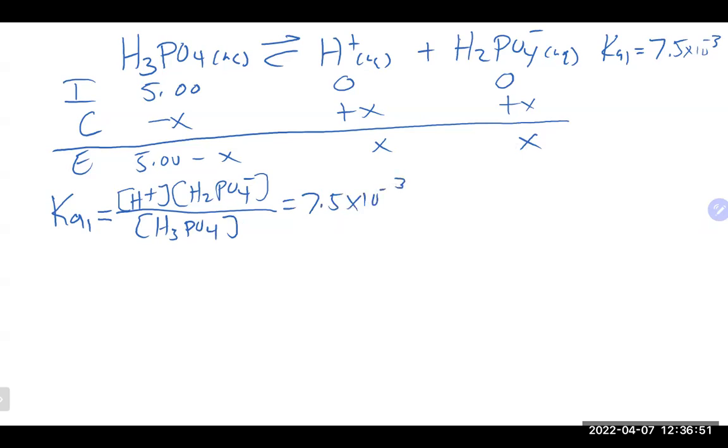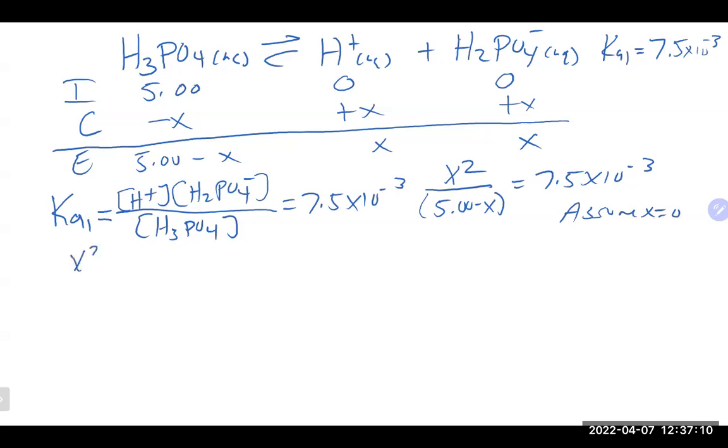Like normal, we're going to take our equilibrium line and put it in there. That's going to give us x squared divided by 5 minus x equals 7.5 times 10 to the minus 3. I'm going to assume that x is approximately 0 here and hope for the best. So that is x squared divided by 5 equals 7.5 times 10 to the minus 3.